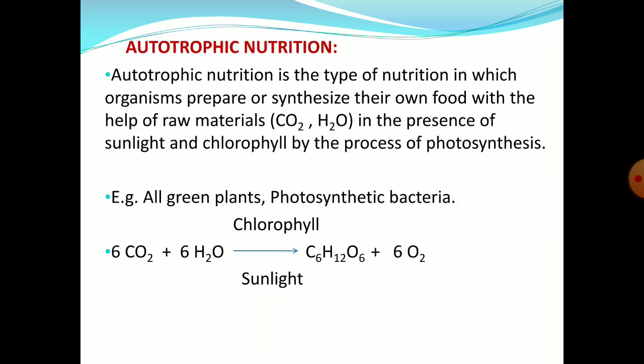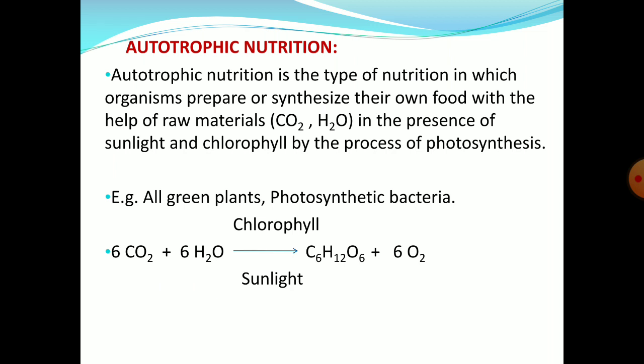First we will read about autotrophic nutrition. In this case, organisms prepare or synthesize their own food with the help of raw material, that is carbon dioxide and water, in the presence of sunlight and chlorophyll by the process of photosynthesis.